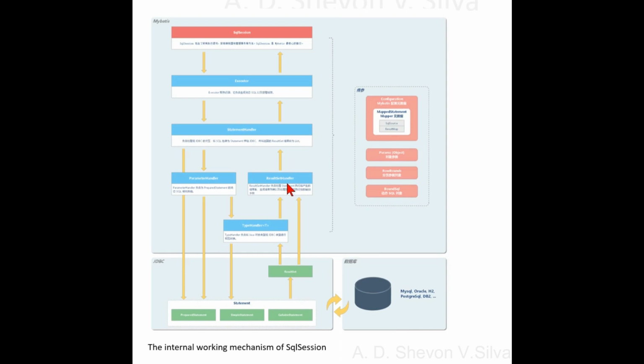Result set handler has only one concrete implementation class, namely the default result set handler. Type handler. Type handler is responsible for converting between Java object types and the JDBC types.